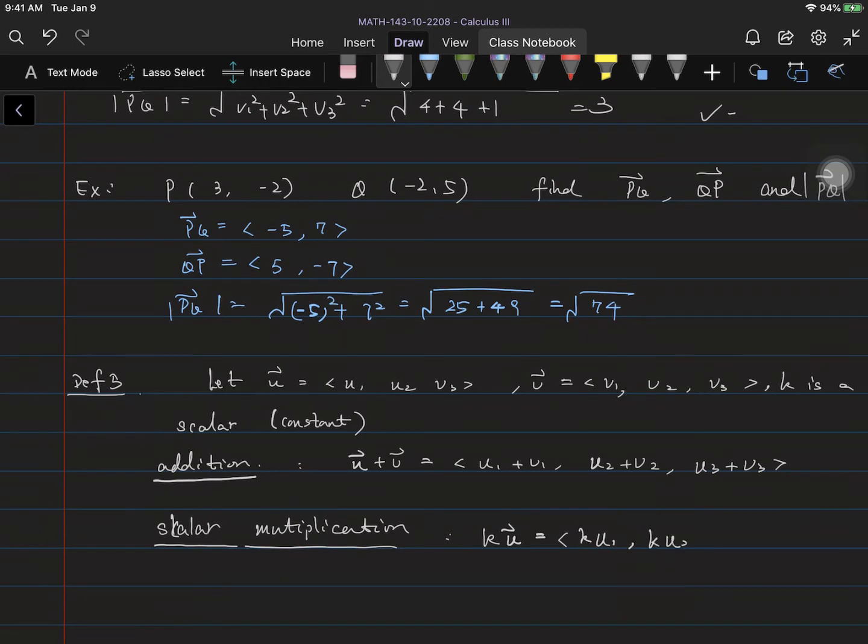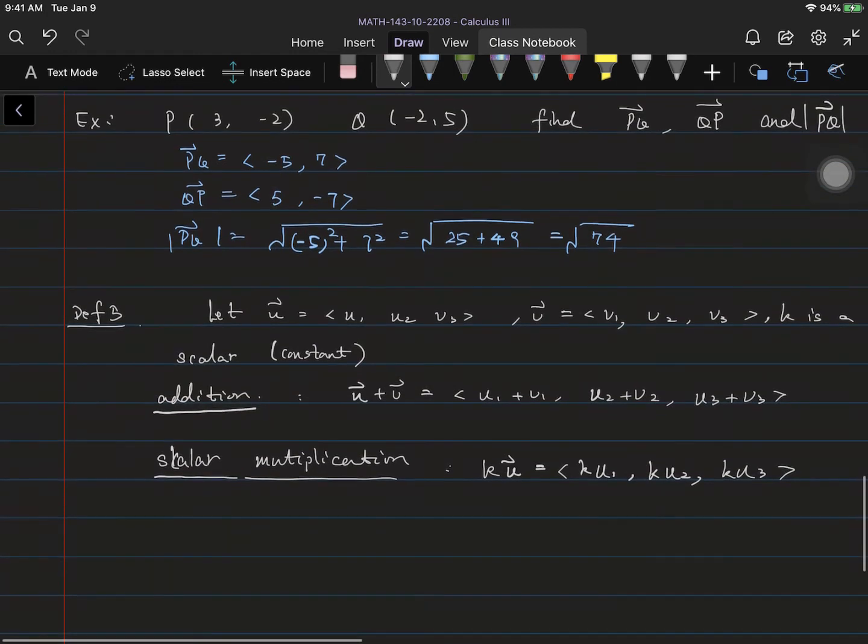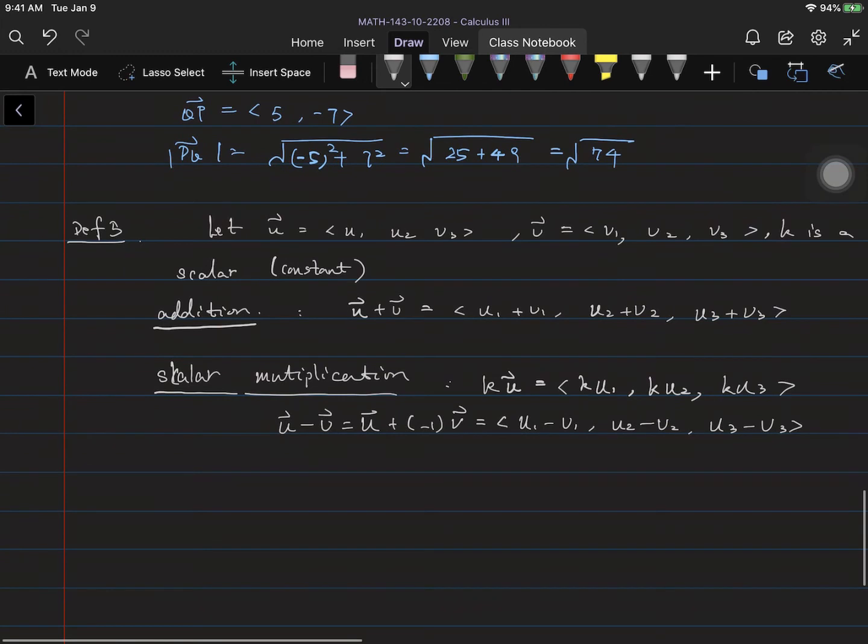KU1, KU2, KU3, something like that. And as you can see, if we want to calculate the difference, the subtraction of two vectors, you can treat this as U vector plus -1 times V vector, right? So actually this is U1 minus V1, U2 minus V2, U3 minus V3. Okay, so it's not given by a formula. If we know addition and scalar multiplication, we can do a lot of calculations between vectors.